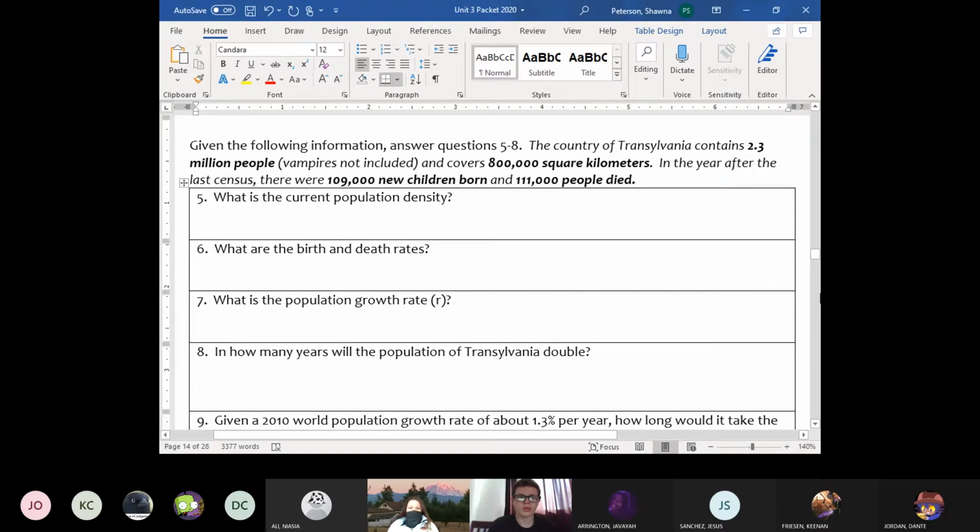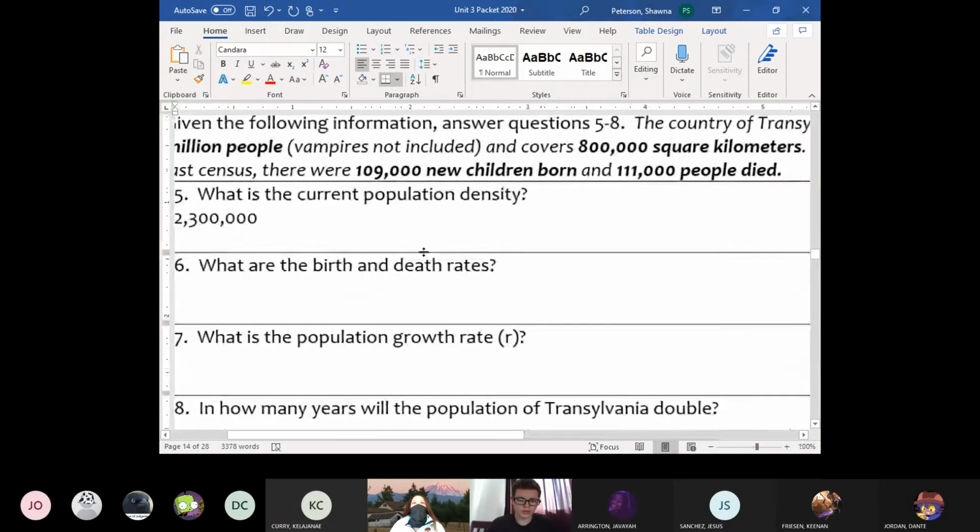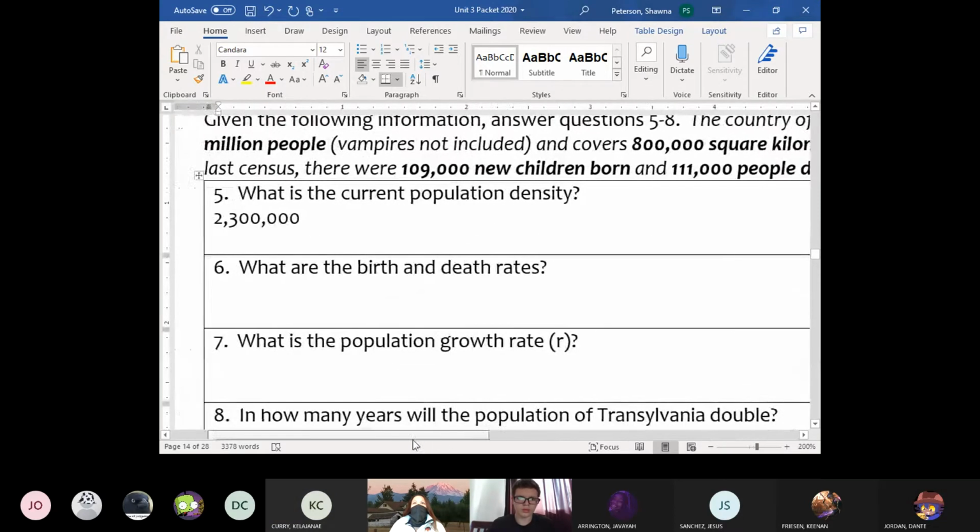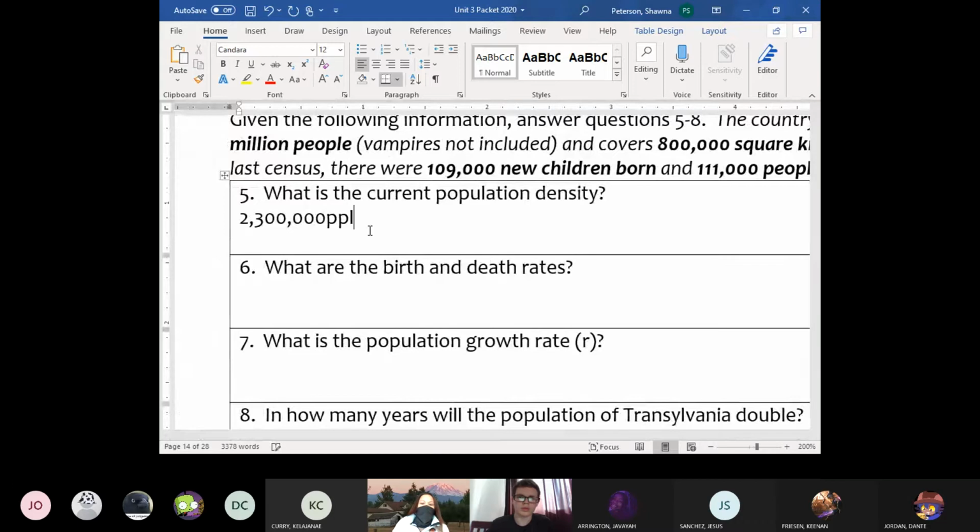I feel like this is always the easiest one. I'm going to actually write it out. 2.3 million, let me zoom in, divided by 800,000.